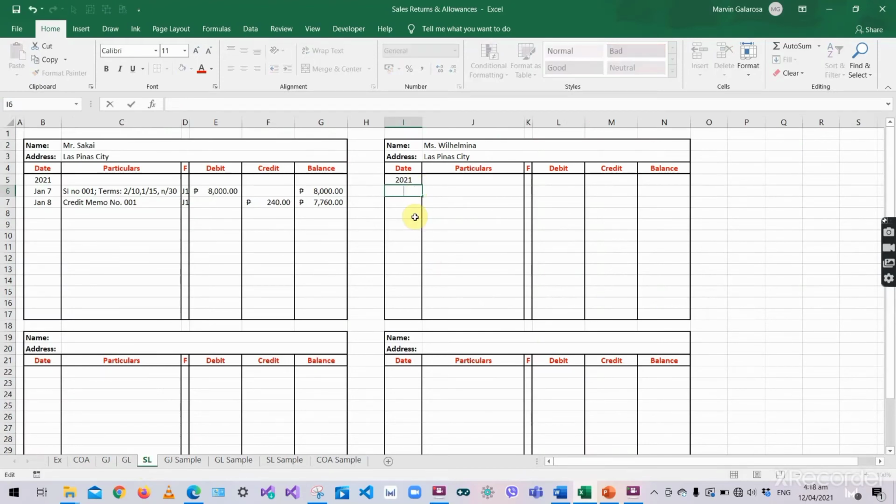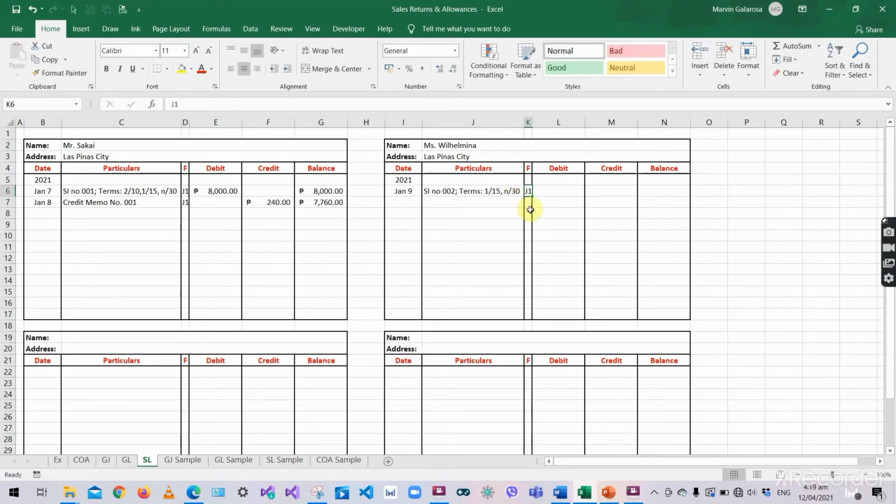Particulars, SI number 002. Term sa kanya, 1/15, n/30. Journal 1.